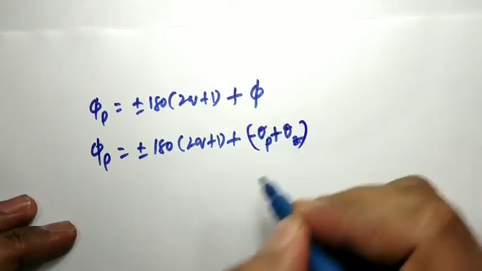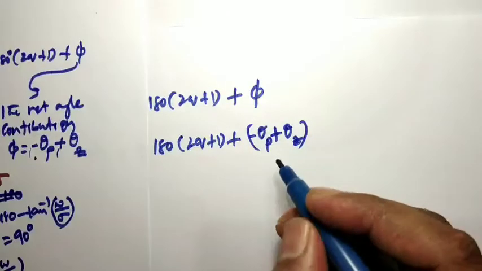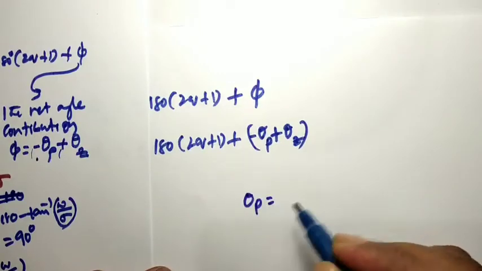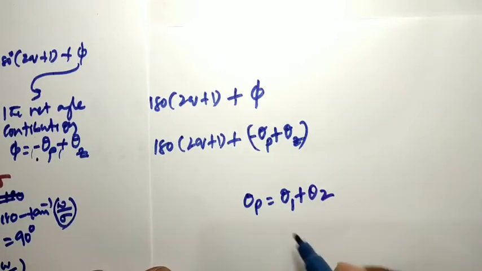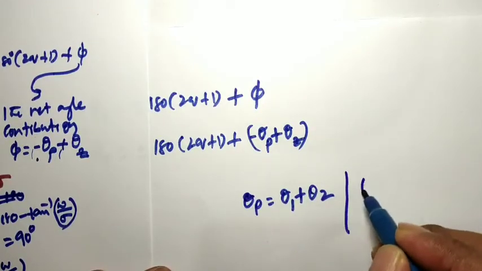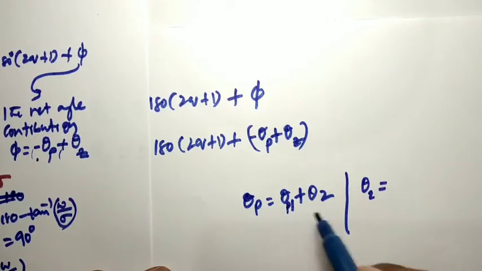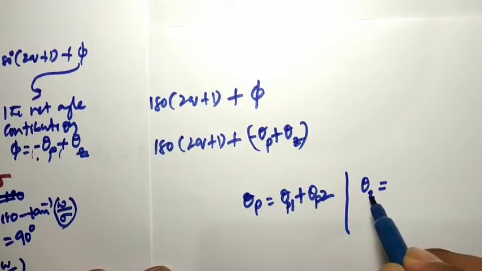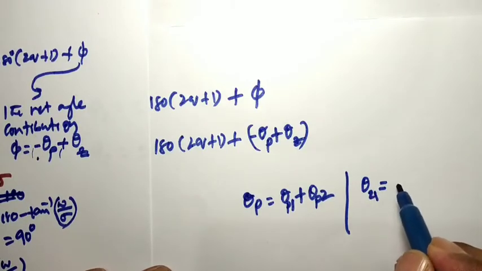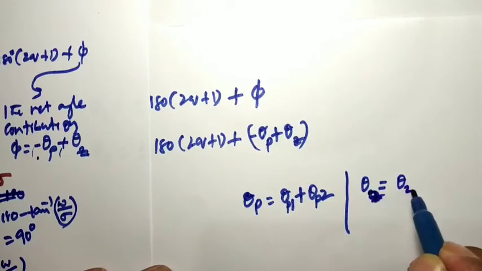From this equation, what is theta p? Theta p is equal to theta 1 plus theta 2. So theta z is equal to what? If I write p1, p2 also I can write here. So theta z1 is equal to what?